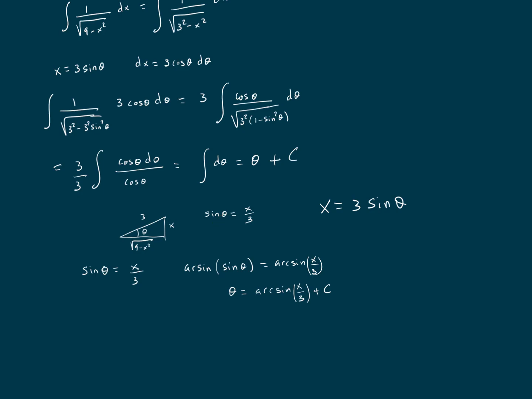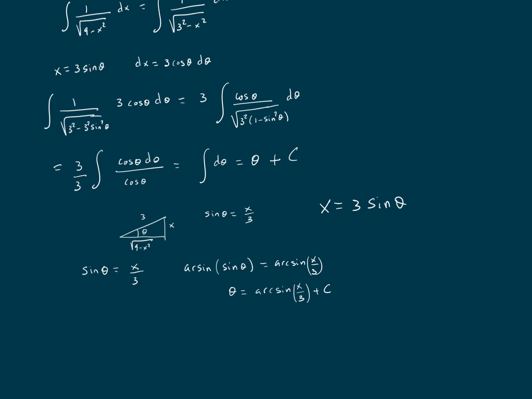So if sine of theta is x divided by 3, what is arc sine of sine of theta? Because arc sine is the inverse function of sine, arc sine of sine of theta is theta. What will be on the other side, arc sine of x divided by 3? So on the other side we obtain arc sine of x divided by 3.